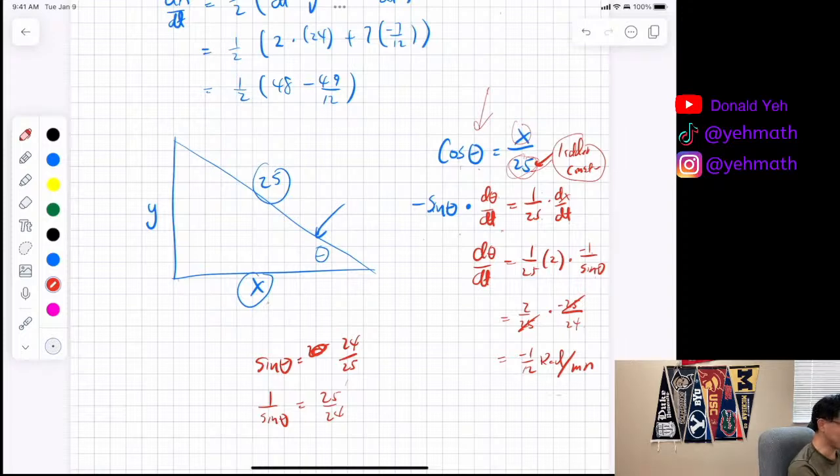The derivative of e to the negative u is negative e to the negative u times du. So the derivative of this will be negative e to the negative x, this one is going to be plus 2 e to the negative 2x, and this one is going to be plus 3 e to the negative 3x. You basically keep this the same times the derivative of the exponent. Let me write that.